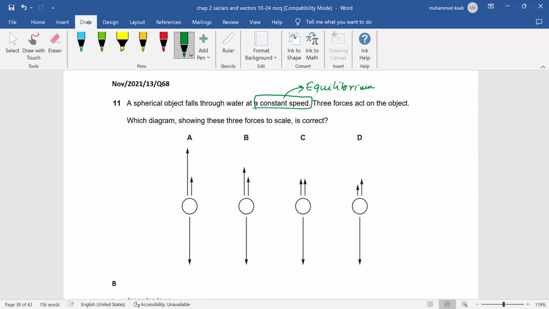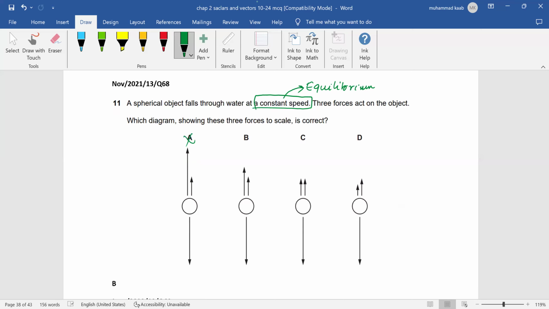Use arrows, the length of the arrow as the magnitude of the vector, okay? And just imagine the additions and subtractions. If you add these two vectors, it will be much larger. This and this can be cancelled out, but this would be the remaining one that causes the resultant vector, okay? And this is not possible.